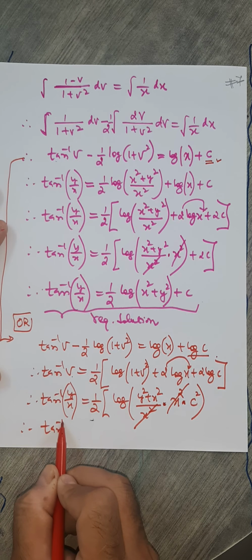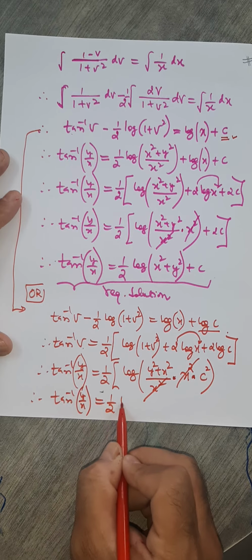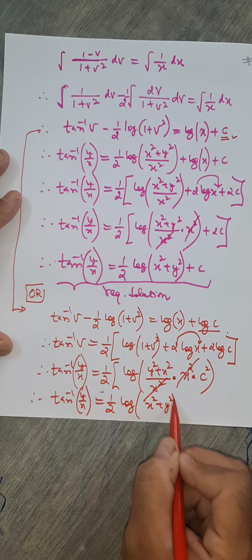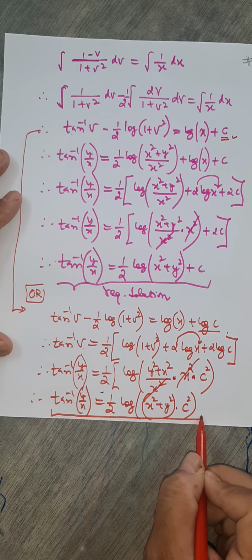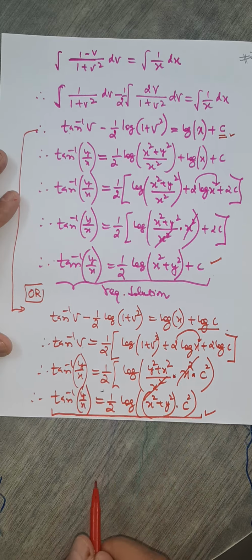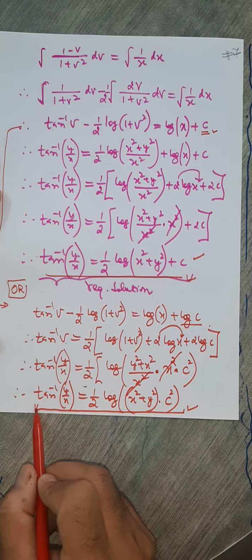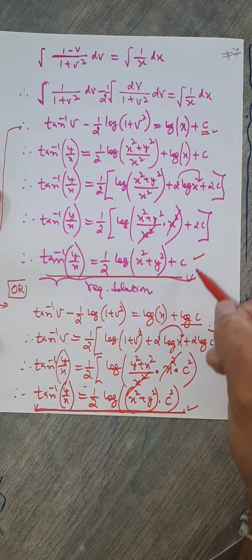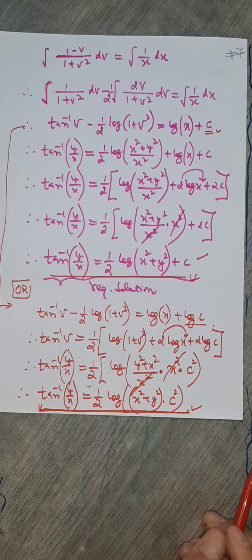So you will get tan inverse y by x equals to half log of x square plus y square into c square. That way also you would have written, which is almost same as this. If you think for a while, you will realize this is just same as this, remember, right? So whether you write here c or log c, both are almost same, remember, so don't worry about it.